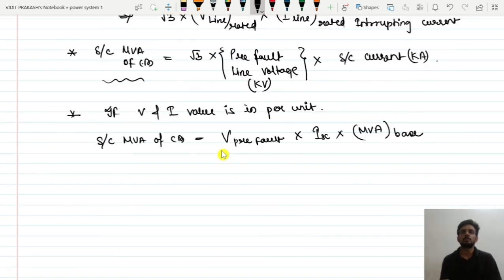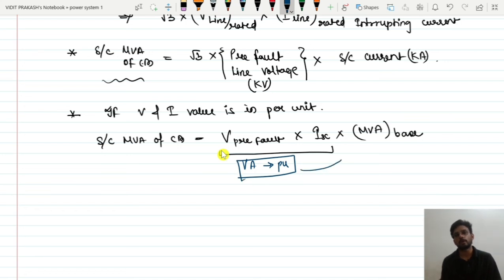Because if these are in per unit, this is the VA rating in per unit. So if you want to convert your per unit into actual value, you need to multiply with the base value, right? So you multiply this with the MVA base value so that you will get the short circuit MVA of the circuit breaker.